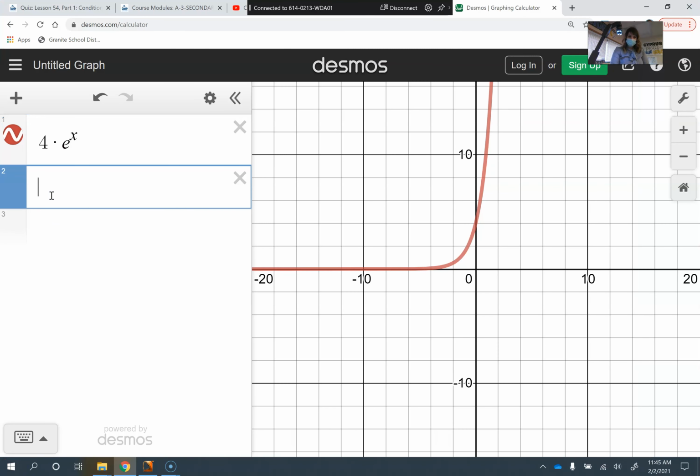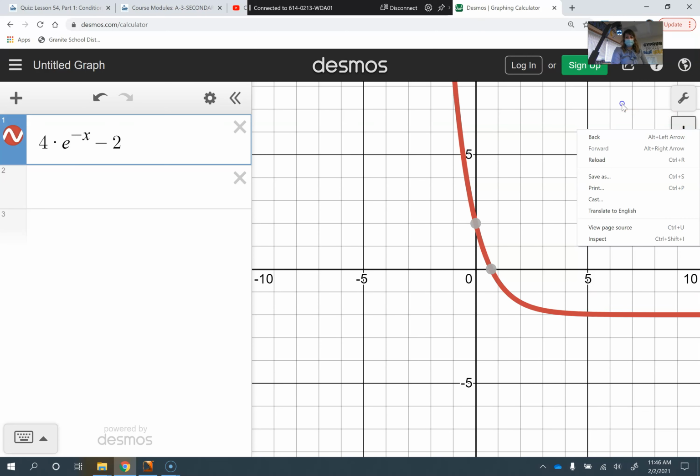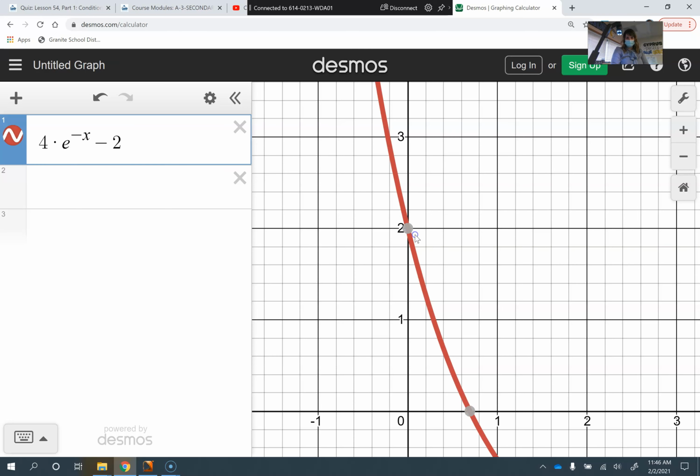So he is 4e to the negative x, and then we minus 2. What is that? Oh boy. I know what happened here. Nope. Okay, I remember.